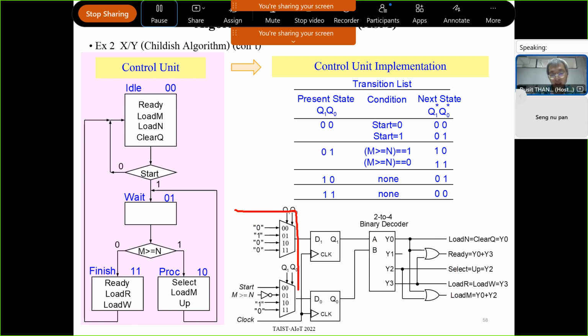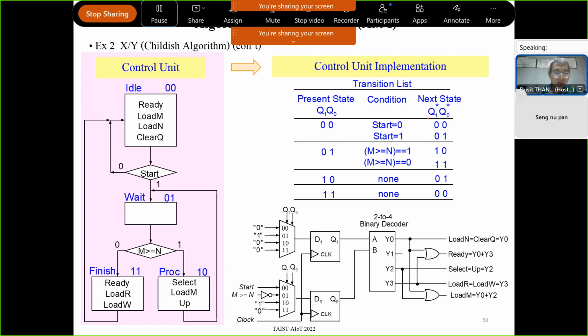And for circuit F, I use a multiplexer to implement it. You know, right? A multiplexer can implement any combinational circuit. Let's consider this one. I use Q1, Q0 as the selector signals.